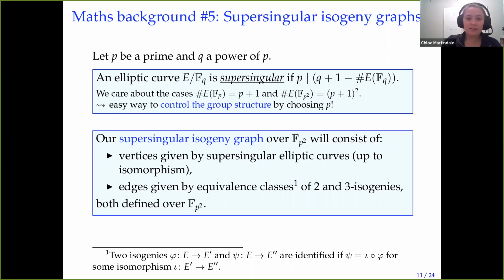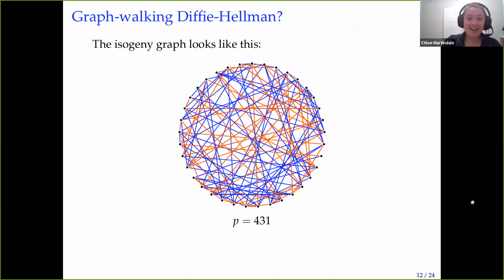Are there any questions about this? I think I have a picture. Yeah, here we go. So the isogeny graph looks like this. Here's a toy example of an isogeny graph. Here the base field F_P is with P equal to 431, but the field is F_P squared.